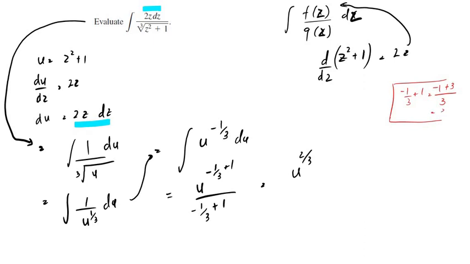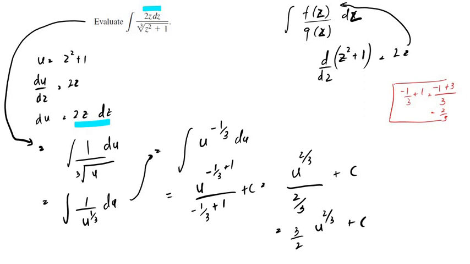That is equal to 2/3. So that's how we got 2/3. So we have u to the power 2/3 over 2/3 plus C. So this is equal to 3/2 u to the power 2/3 plus C.